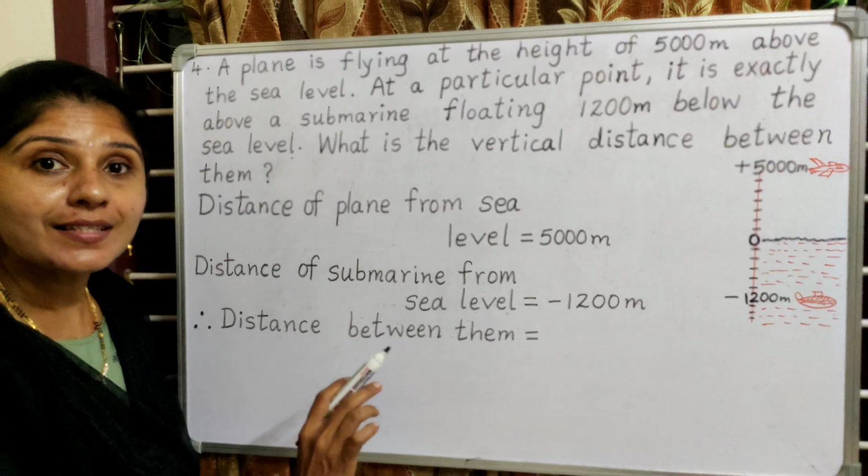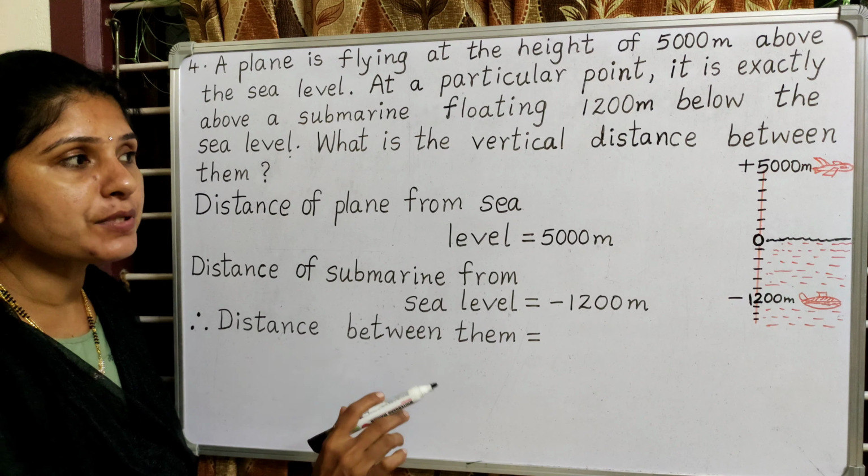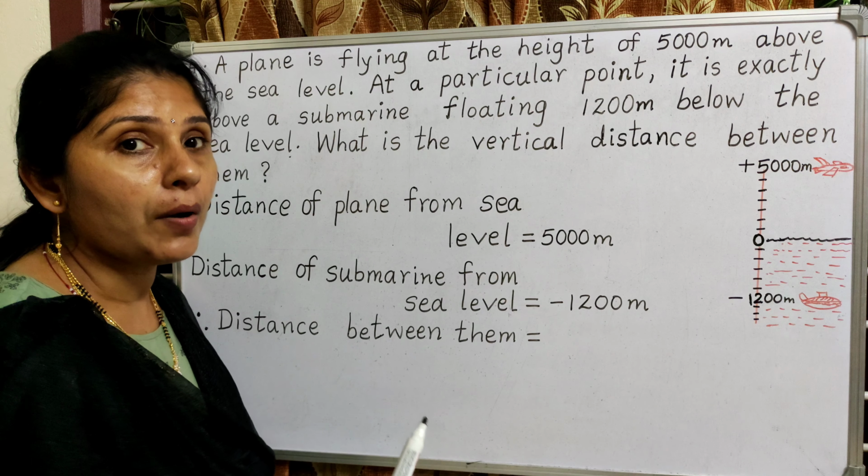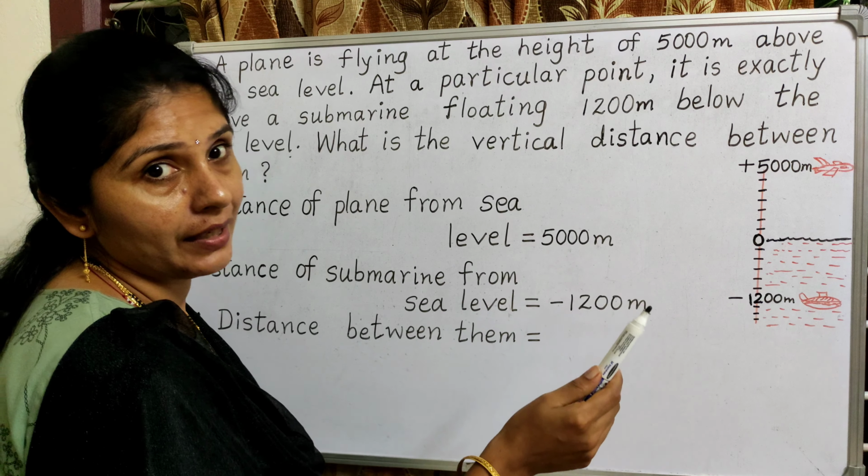To find out the distance between plane and submarine, we need to find out the difference between plus 5000 meter and minus 1200 meter. To find out the difference, we need to minus the smaller value from the greater value.